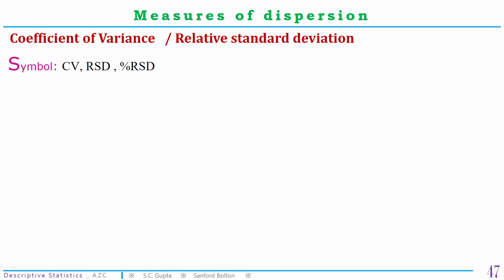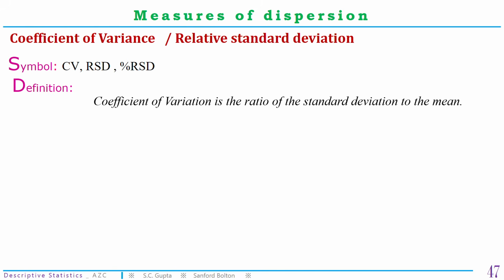Coefficient of variance, or relative standard deviation. Symbol, CV, RSD, or percentage RSD. Coefficient of variation is the ratio of the standard deviation to the mean. Equation is CV is equals to standard deviation upon X bar.